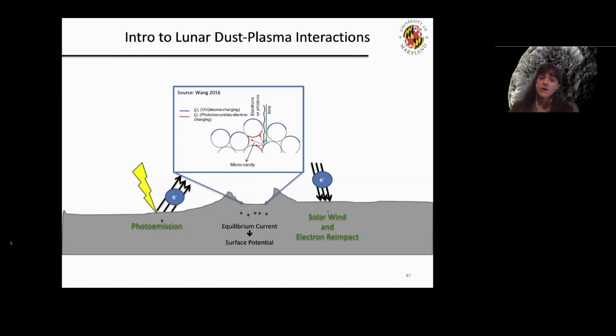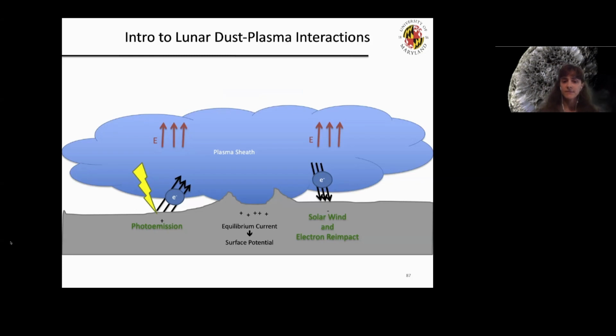And this has been hypothesized to lead to strong electric fields or repulsive electric fields between neighboring grains. And if that repulsion is significant enough, it can actually overcome gravity and cohesion and detach the particle from the surface. And this is the phenomenon that we call electrostatic lofting, this detachment of a particle from the surface due to the repulsion between neighboring grains.